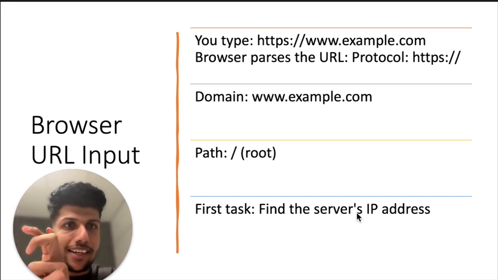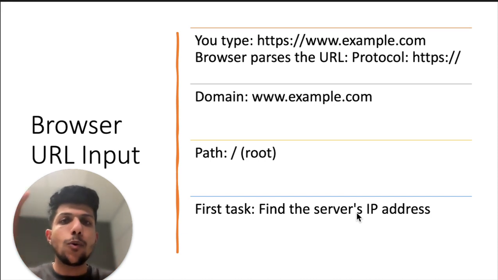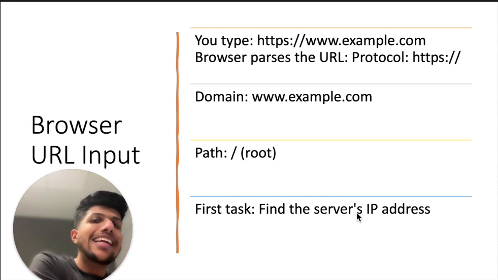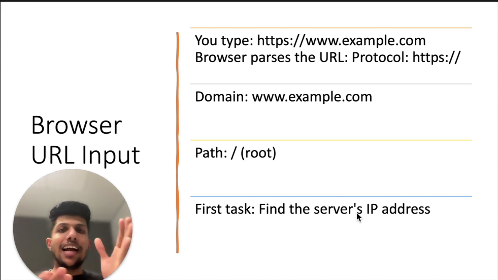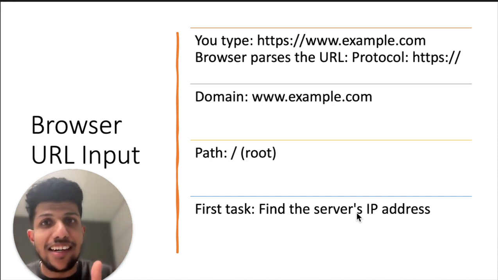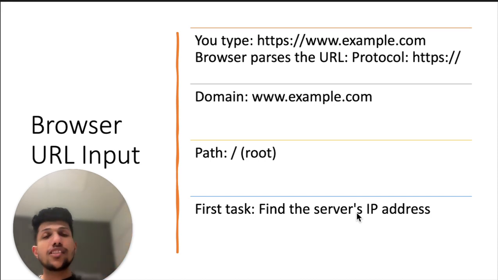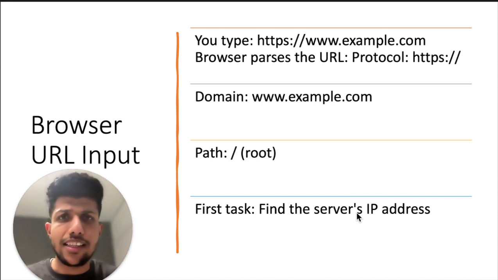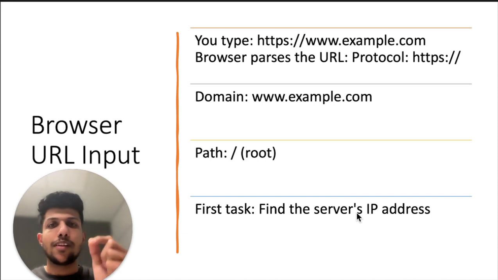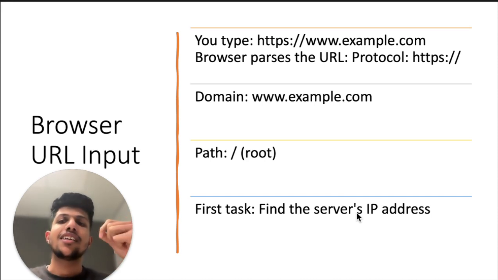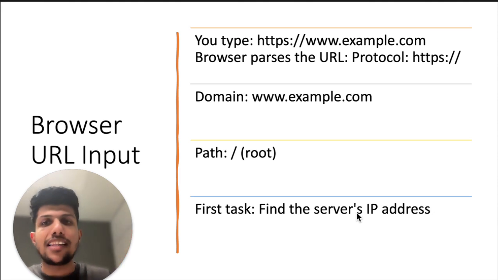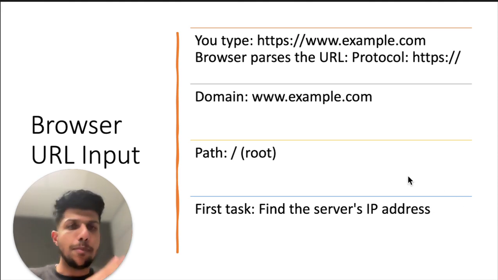The protocol is HTTPS, then the domain name is www.example.com. And there is a path as well, an additional path, like if you are requesting an additional resource or submitting a form, which comes after the .com, so .com slash maybe a page number, something like that. In this case we have nothing, so the path is simply root.